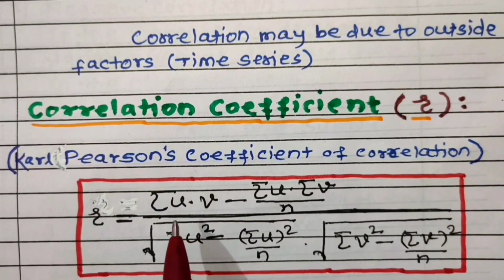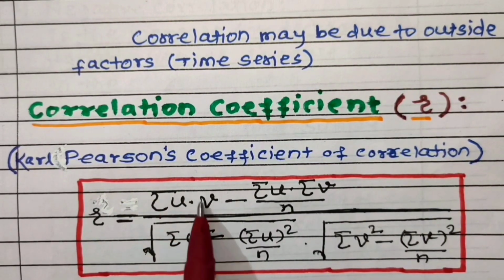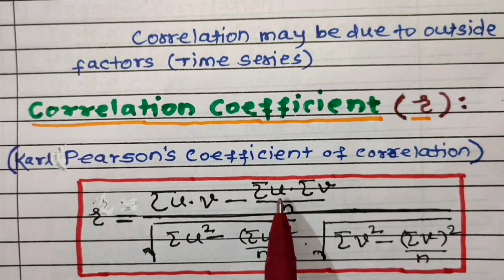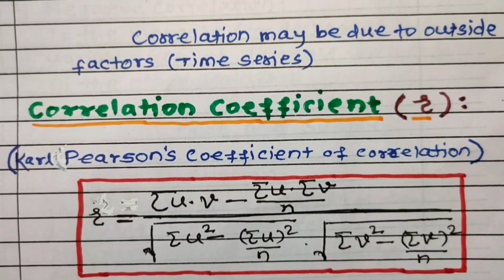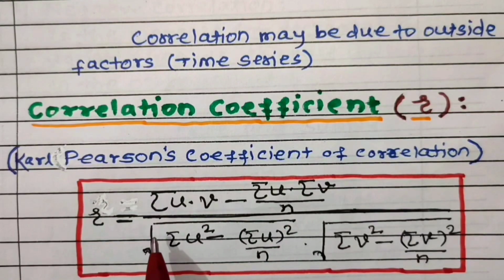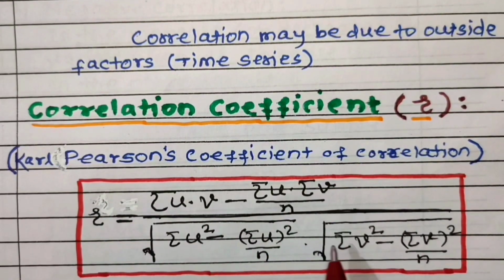Okay. Now replace u by v. So this term becomes v into v, that is summation of v square. This minus sign as it is, summation of v into summation of v, that is summation of v square divided by n. So if we remember the numerator of this formula, then easily we can develop the denominator of this formula.